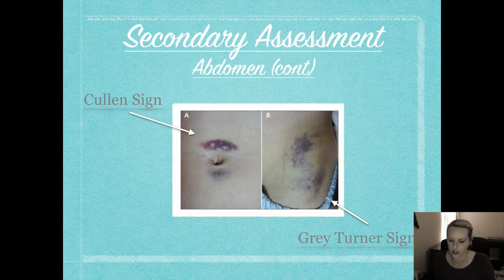So your Cullen sign is indicative of intraperitoneal hemorrhage, usually ruptured ectopic pregnancy or acute pancreatitis. So those are two big signs that we'll find on the abdomen.